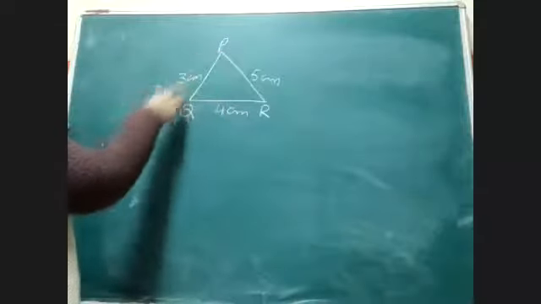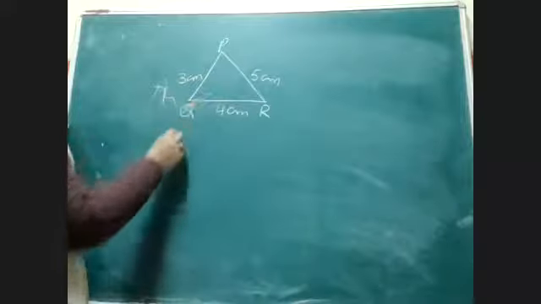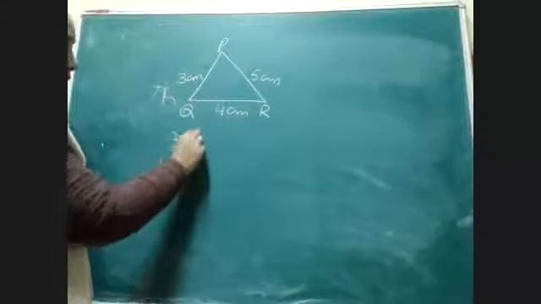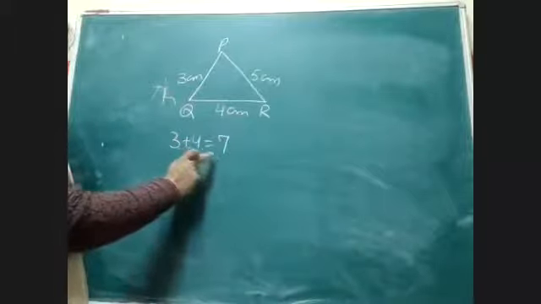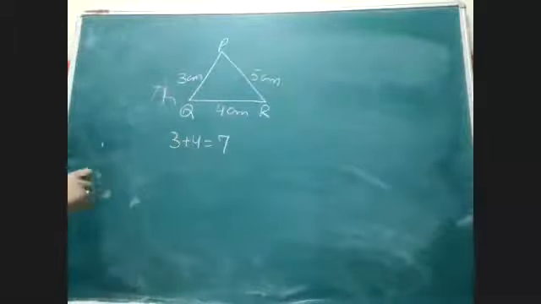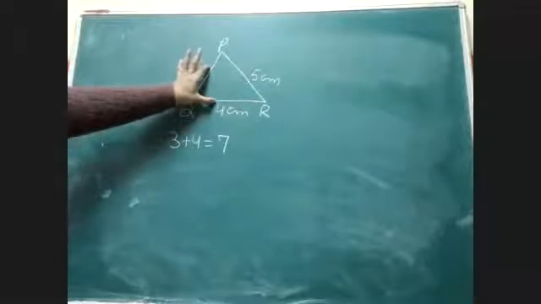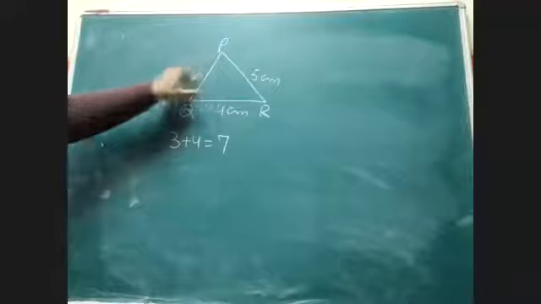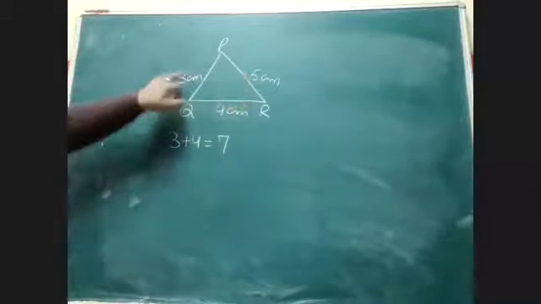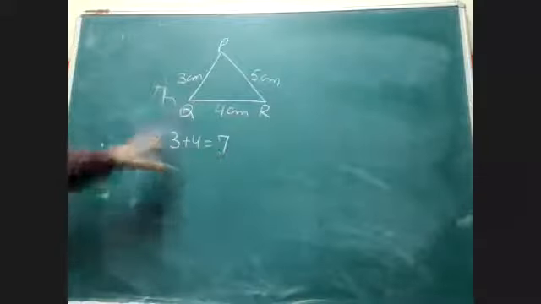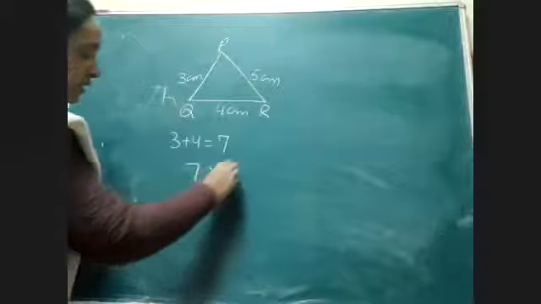Add two sides: 3 plus 4 is 7. This is the sum of two sides, and the third side is 5 centimeters. 7 is greater than 5.